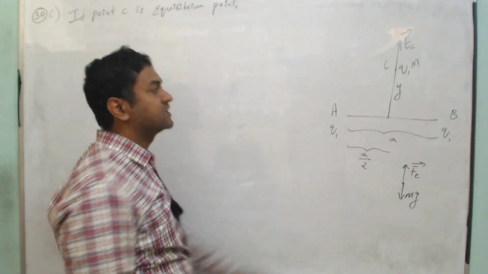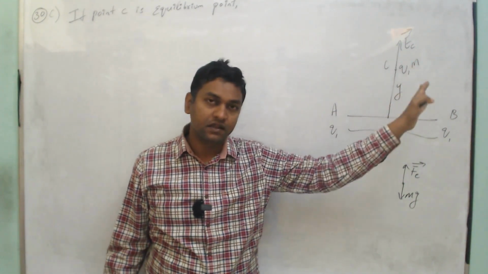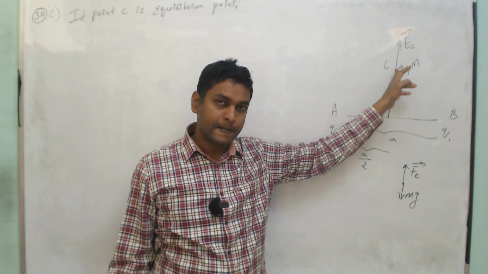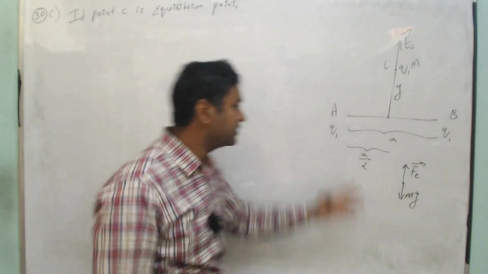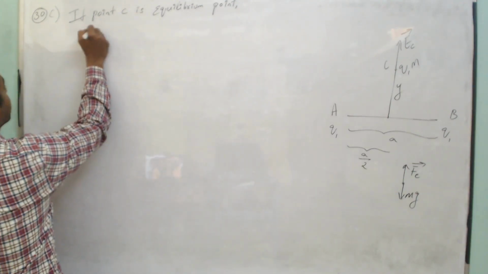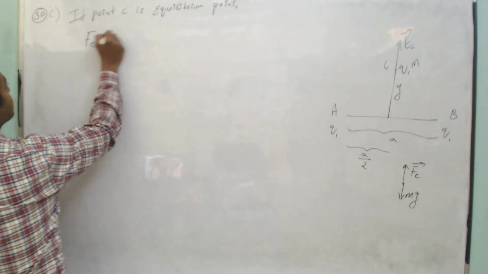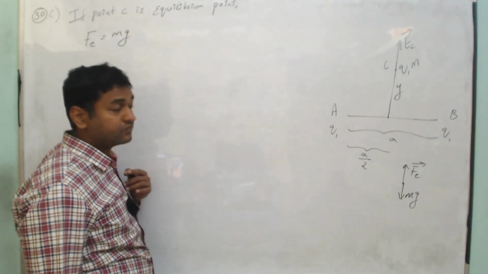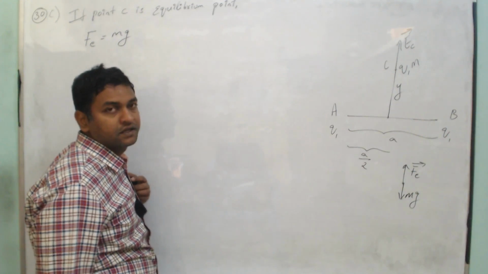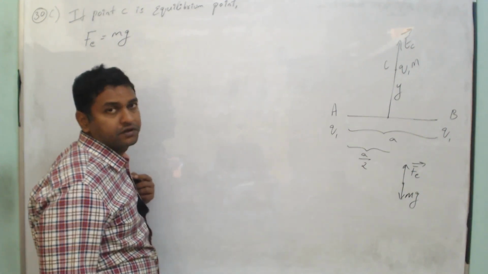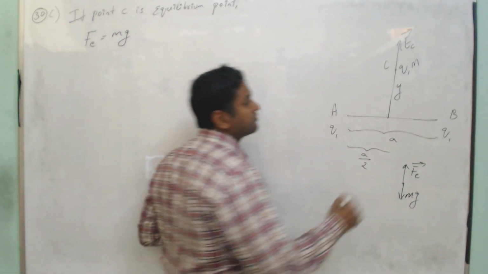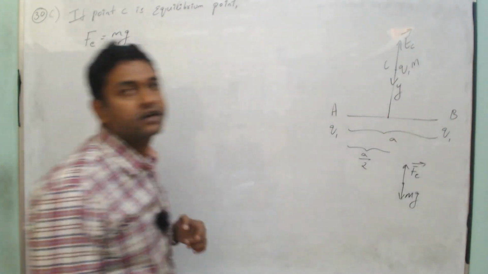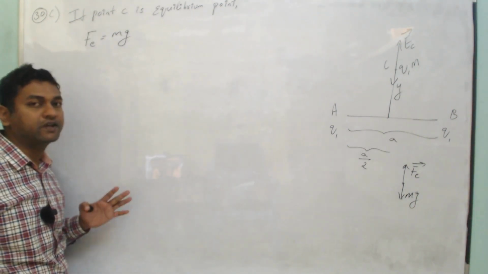that means if there is an equilibrium existing on the charge Q that is placed over there, that means my electrostatic force should be equal to my gravitational force. If the point C is an equilibrium point, then my gravitational force mg acting in the downward direction should be cancelling the electrostatic force that is acting in the upward direction.